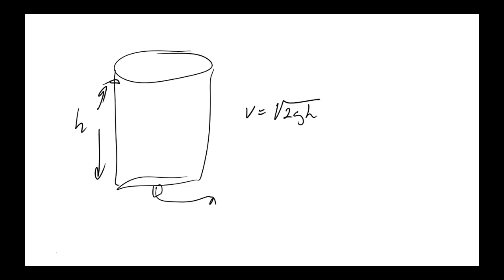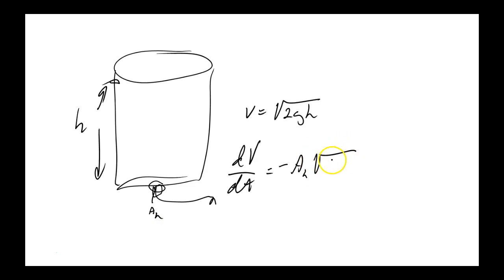So now little v is velocity, capital V is volume. So you get a differential equation here: dV/dt, the rate at which the volume is decreasing, is equal to minus A_H, the area of the hole, times the square root of 2gh.